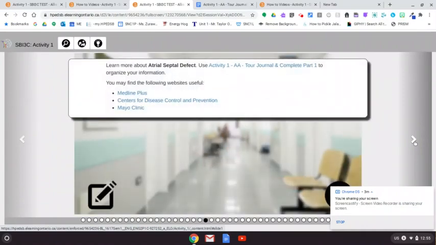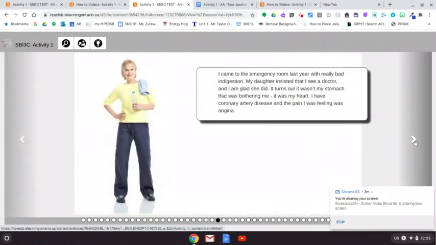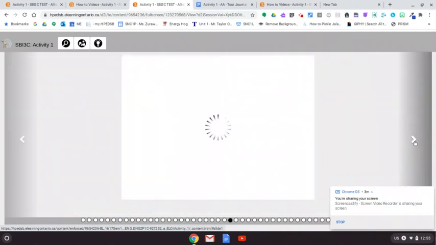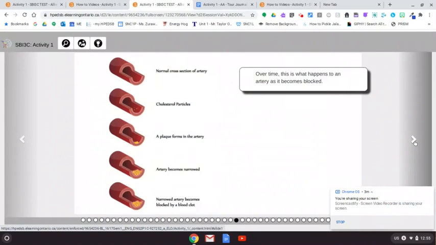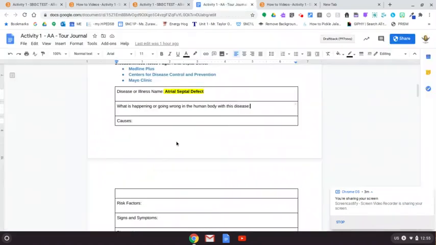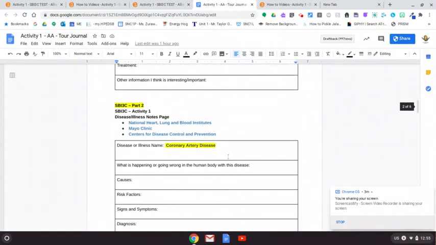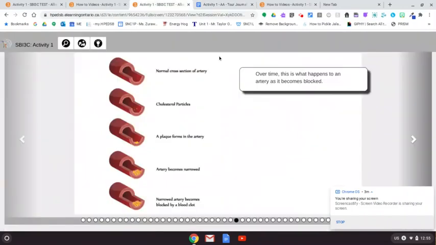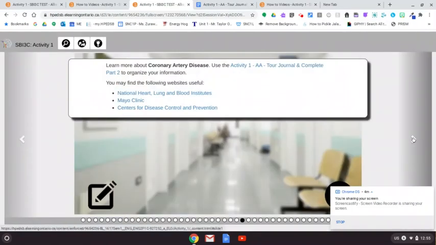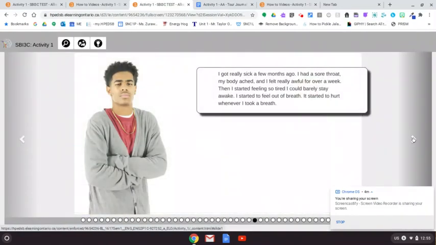So that is going to be what you do up until, let me just keep scrolling here. All of these content pieces will actually help you to understand coronary artery disease without having to go to the outside pages, as well as myocarditis.